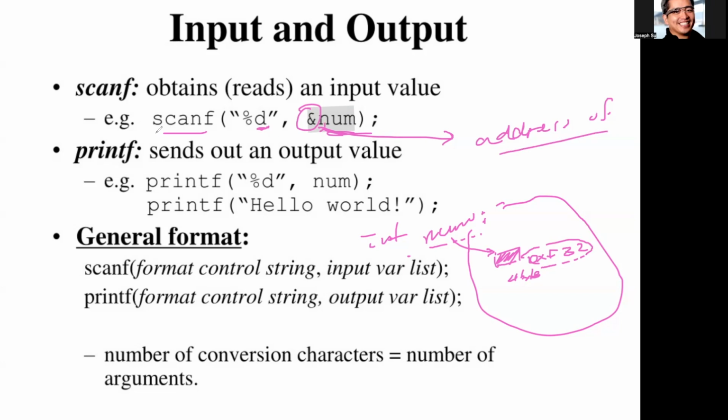So as part of the API specification for scanf, you must include the memory address of your buffer, and not the buffer itself. Lots of students make the mistake of eliminating this, and it does not work, because num is simply the identifier, not the address of this memory location. So please bear in mind the use of this ampersand.